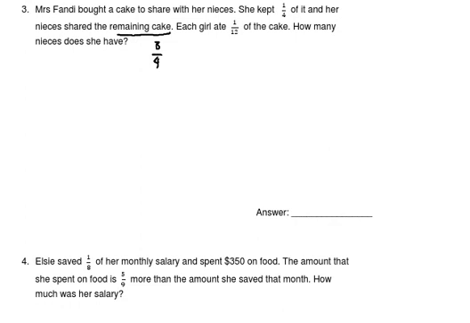Okay, so in other words, the remaining cake, which is 3/4, right? You divide by 1/12. You will get the number of nieces, right? So very simple. 3/4 stays, right? And then you flip it. You will not simplify, you reduce it, right?